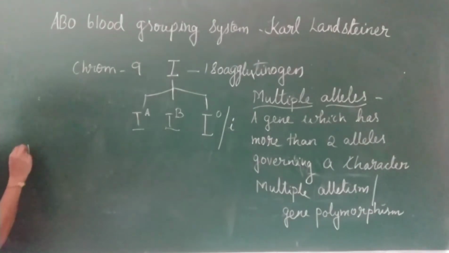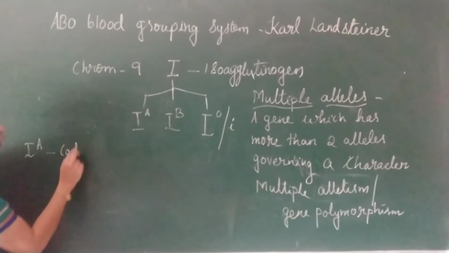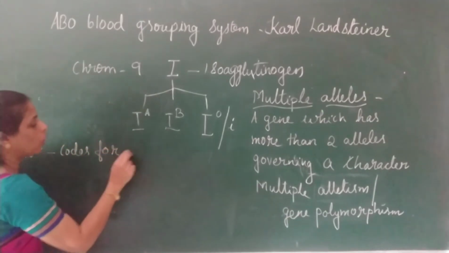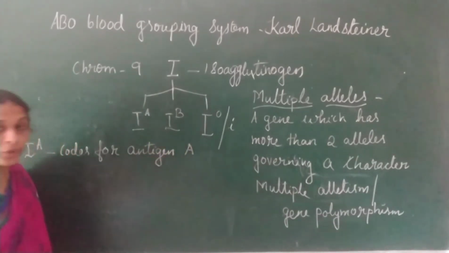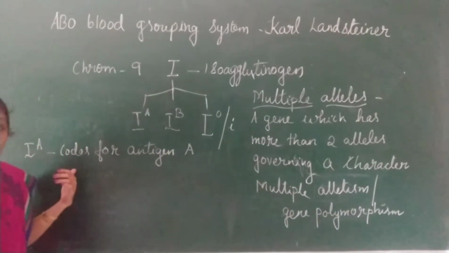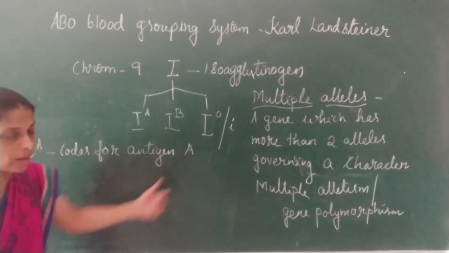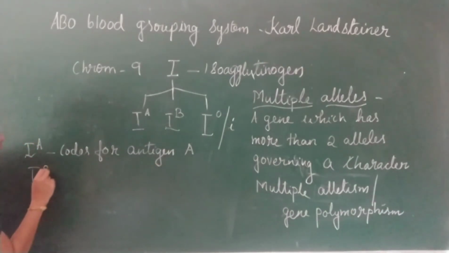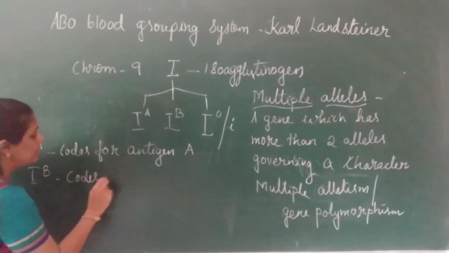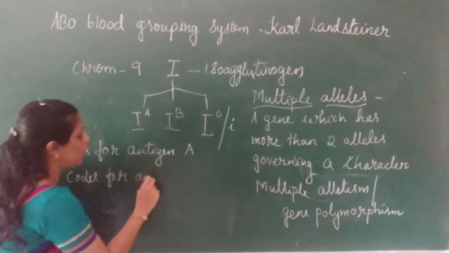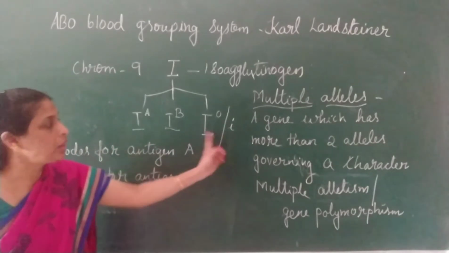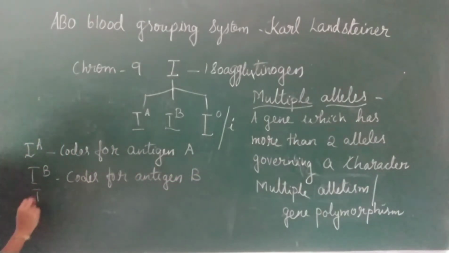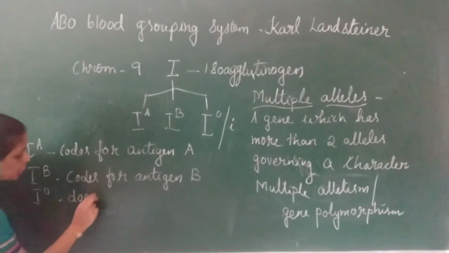The IA allele codes for antigen A. IB codes for antigen B, you all know that, right? And IO does not code for any antigen.